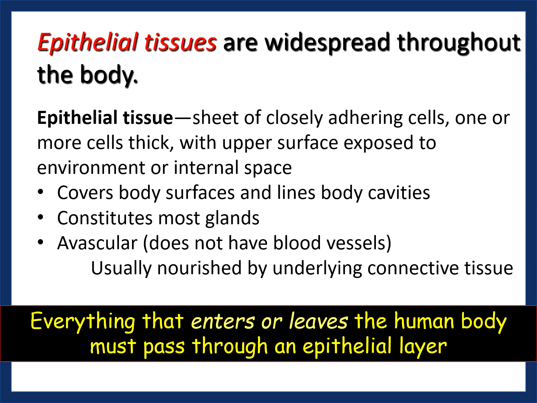So that's how it's going to get its nourishment, is the diffusion of those nutrients from the blood vessels within the connective tissue. And everything that enters into the body or leaves the human body is going to have to pass through one of these really tightly adhering layers of cells, or an epithelial layer.